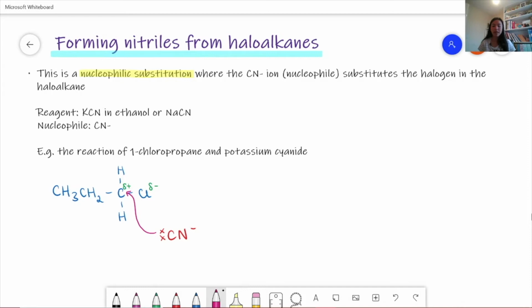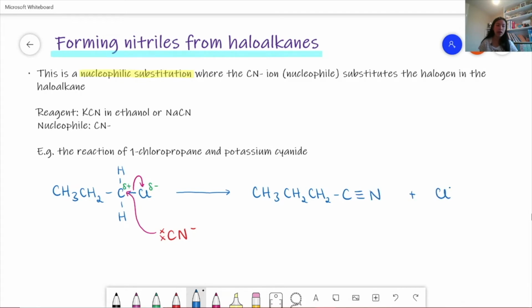And then what happens is that the electrons from this bond here between the carbon and the chlorine move towards this chlorine, and we get this nucleophilic substitution reaction. And so what we form, CH3, CH2, CH2, and then now we have a cyanide attached.